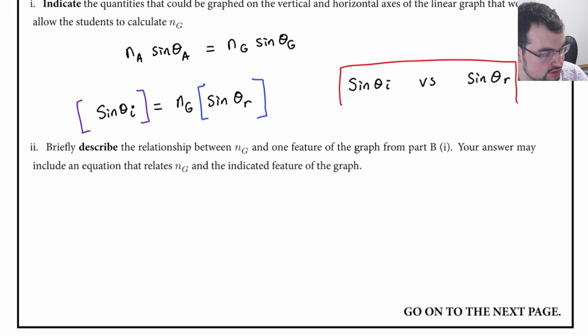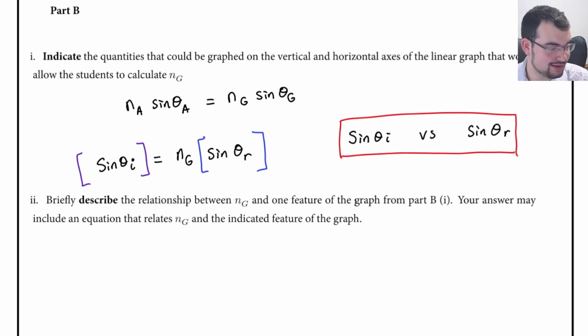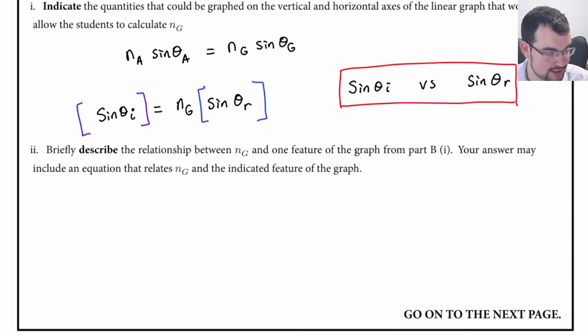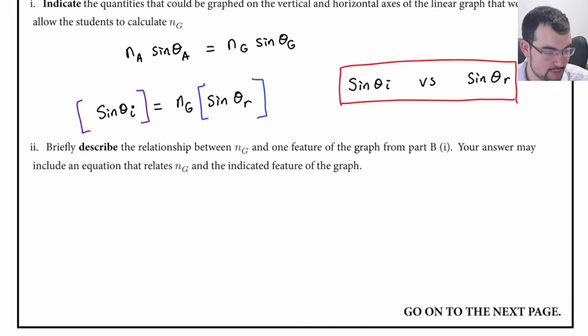I'll show you actually just the best way to get both points. That's just the easiest. It's basically doing this. But you can get the first point by saying "and," but that makes it hard to figure out what your slope is.